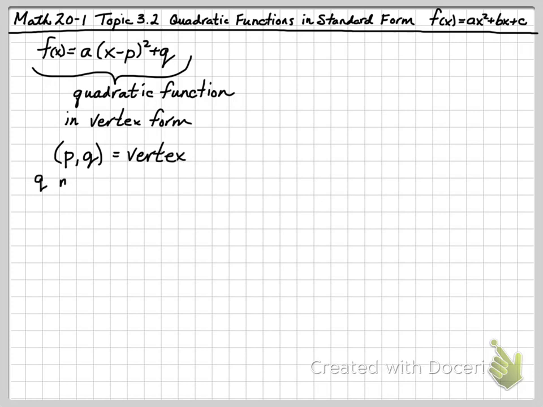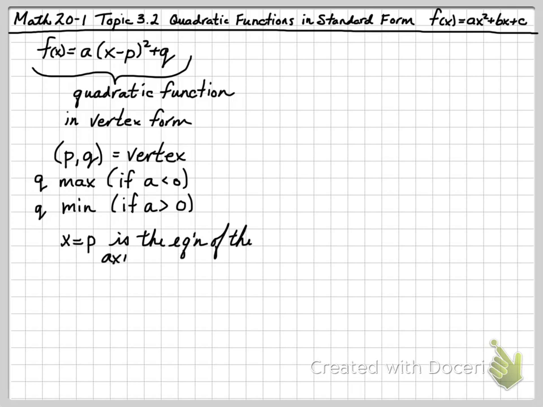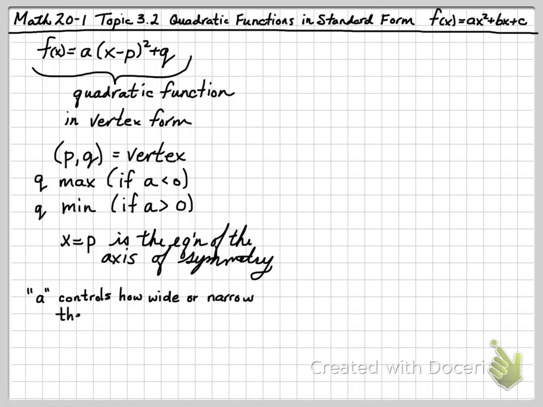We can also tell that q is going to be the maximum point on our graph if a is less than 0, and q is going to be the minimum point on our graph if a is greater than 0. Sorry, the first one was less than 0. X equals p is the equation of the axis of symmetry. That's a line that goes right through the vertex. It'll be symmetrical on both sides.